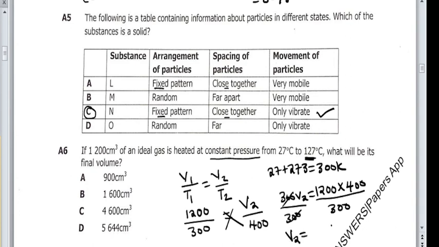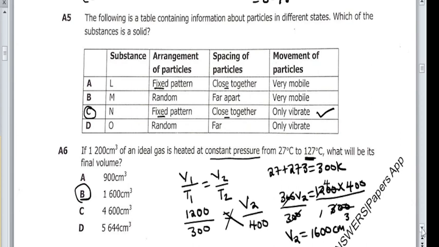V2 will be equal to, so 2 zeros are gone, 2 zeros are gone. 3 into 3 is 1. 3 into 12 is 4. Then 4 times 4 is 16. So I write 16. Then I add the 2 zeros. So it will be 1600 cubic centimeters. So meaning for question 6, the answer is B.